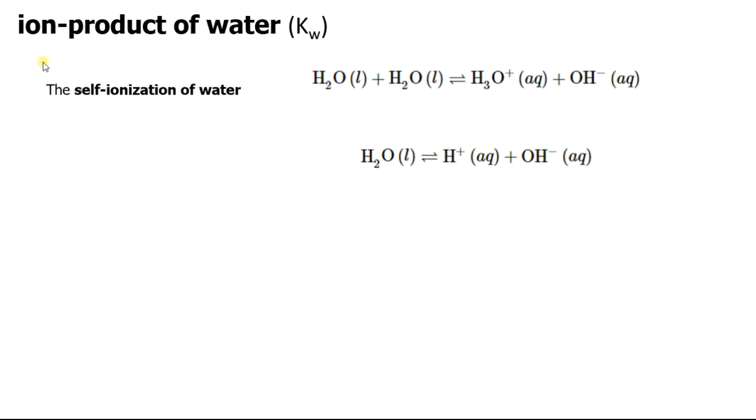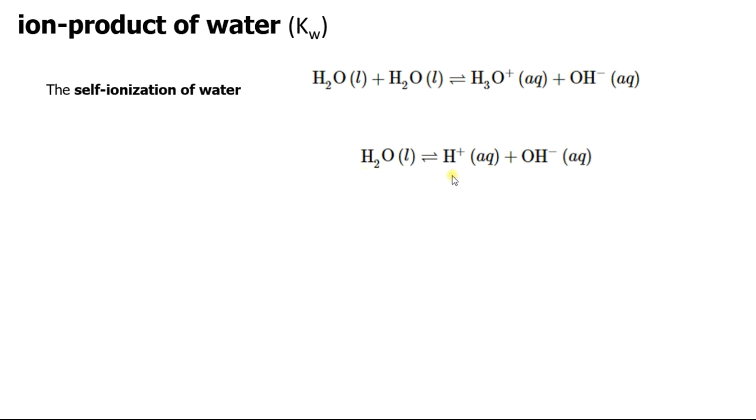Another important idea to understand is the ionic product of water. It is a constant number. Water itself can ionize like so, into H plus and OH minus ions. In pure water you have equal amounts of this and that, so you have a pH of 7. We'll see how that works.